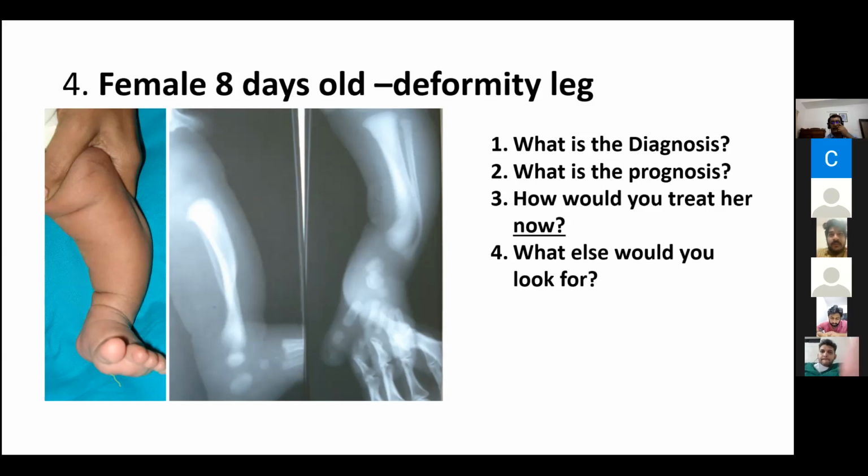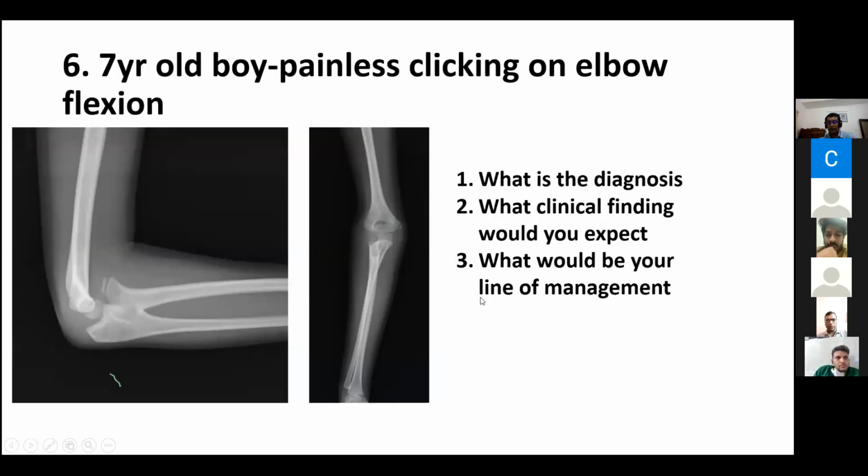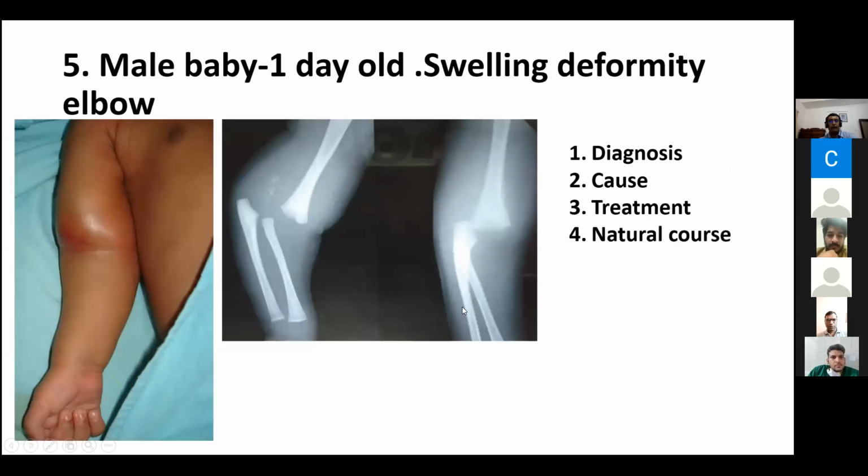In an 8-day-old baby you may not see that, but observe for scoliosis. Look for other areas of similar lesions, because its association with fibrous dysplasia is common. Yes, exactly. Meningomyelocele. Meningomyelocele generally does not occur with this.